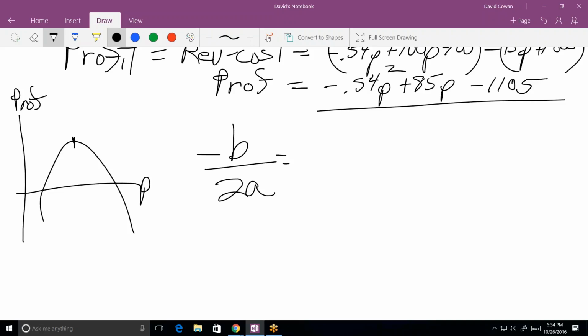So in this case, minus b over 2a is minus 85 over that same minus 1.08.